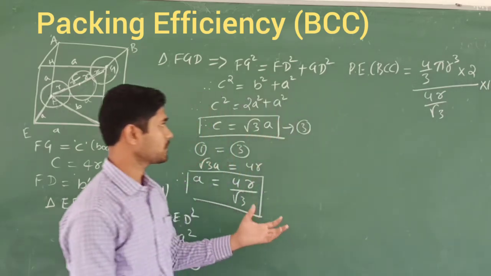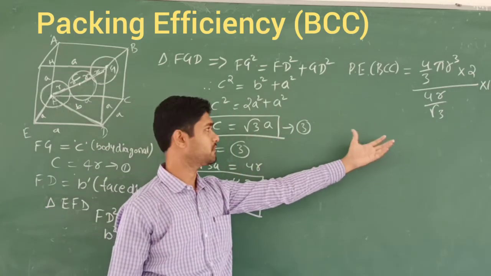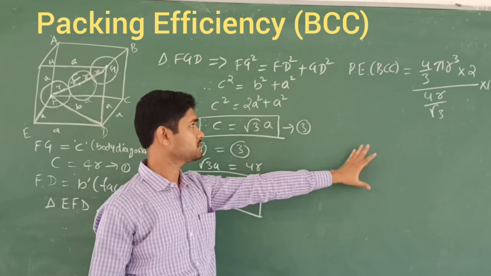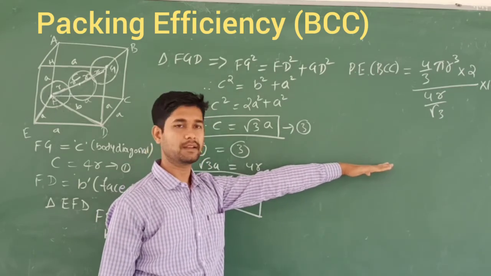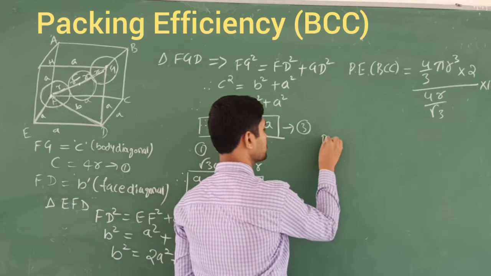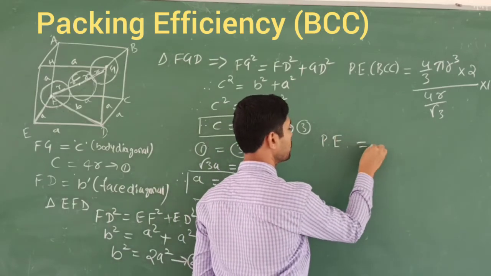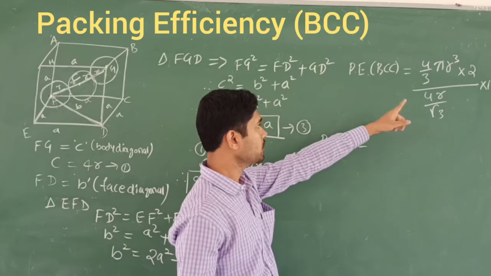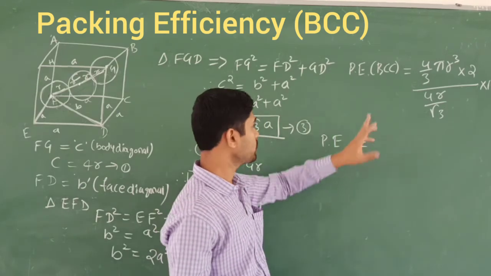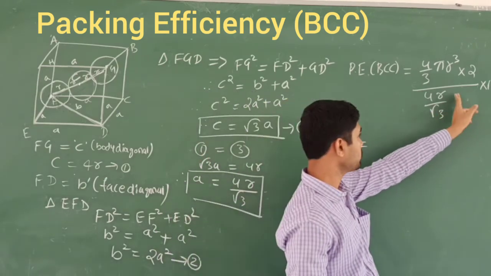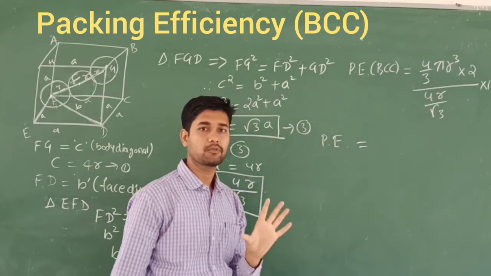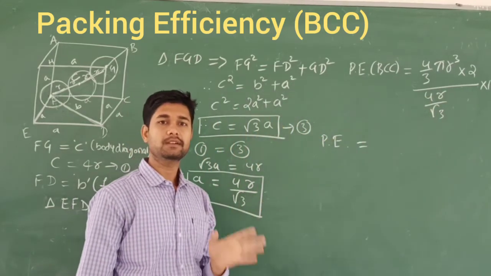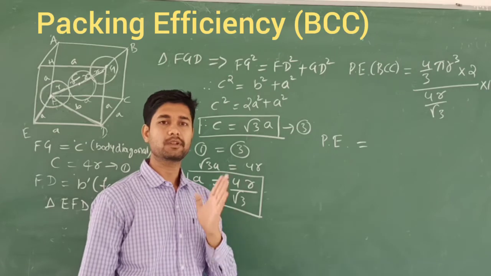So here it becomes very complicated. Up to here you can write, and the remaining I am going to write as a direct calculation. That is 4 by 3 pi r cube into 2, because of the total particles present in BCC, into 100%, divided by the volume of the cube. The volume of the cube is nothing but a into a into a, because breadth into length into height.